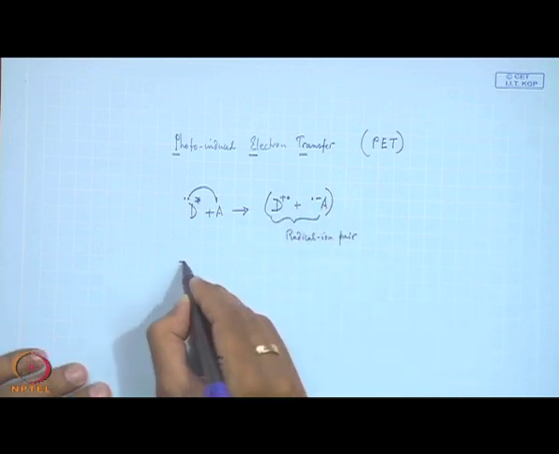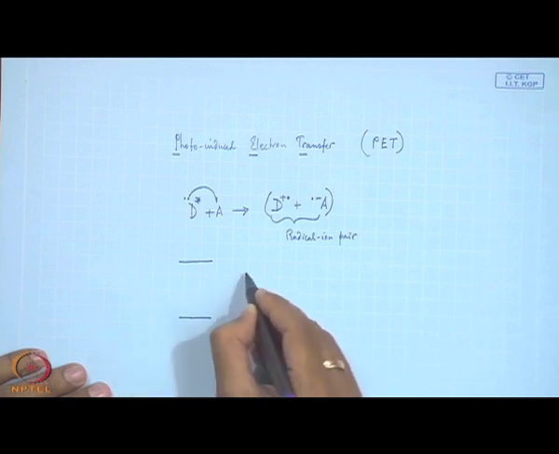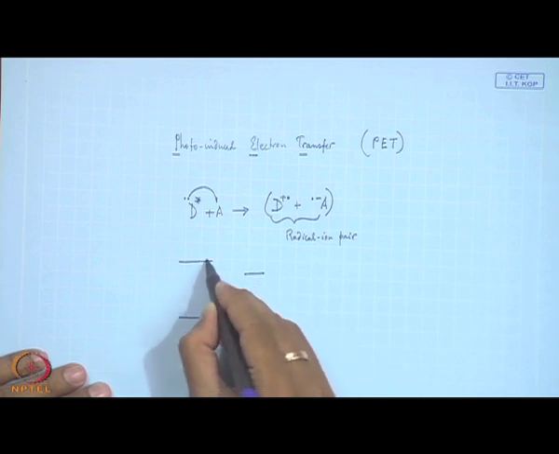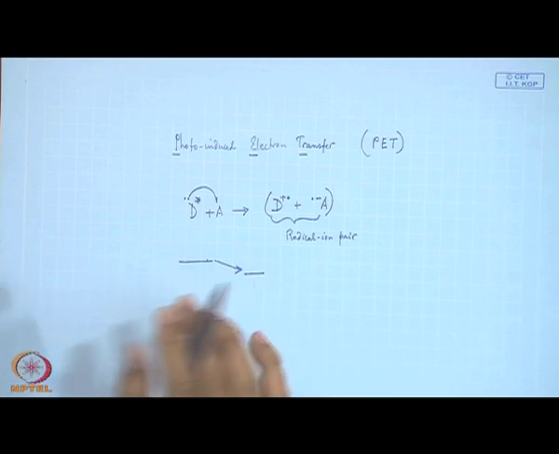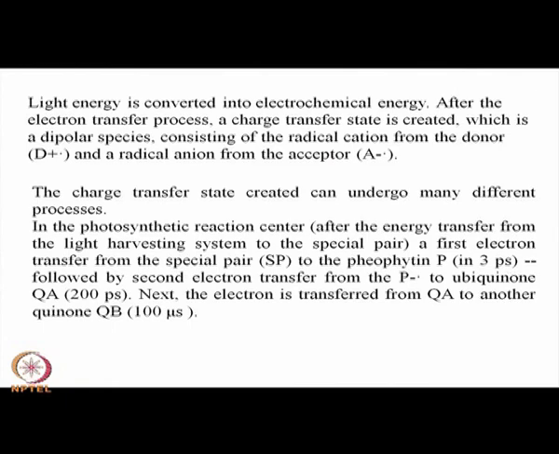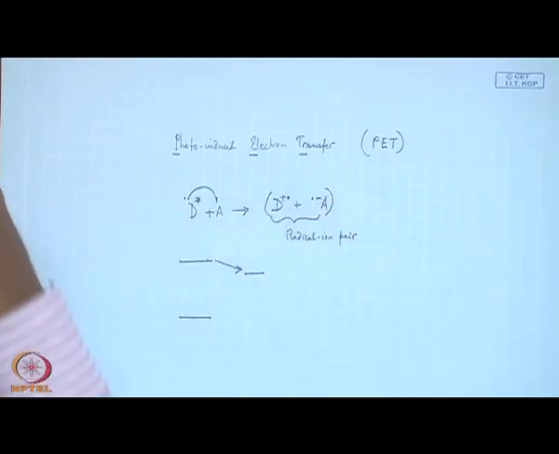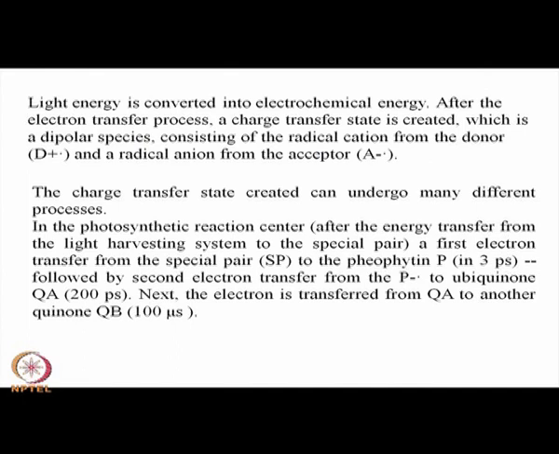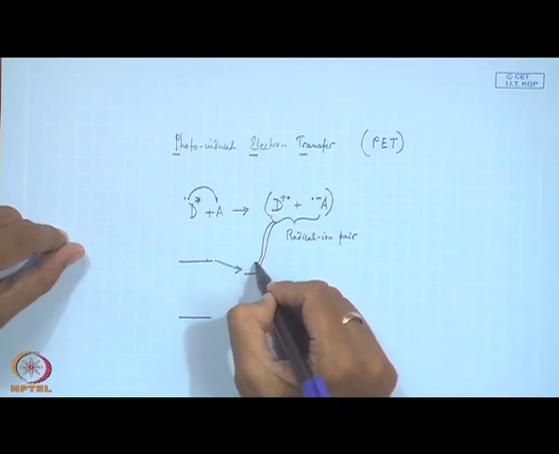If you have an energy diagram, you go to a charge transfer state, so that electron is transferred to A, and as a whole this D plus dot A minus dot combination is a charge transfer state, which is basically a dipolar state. You see that plus minus, it is a dipolar state consisting of a radical cation from the donor and a radical anion of the acceptor.